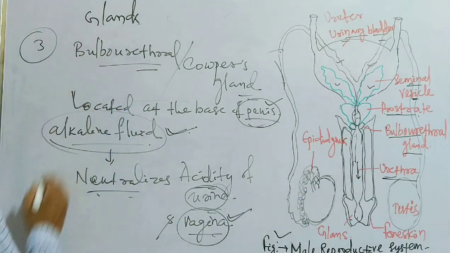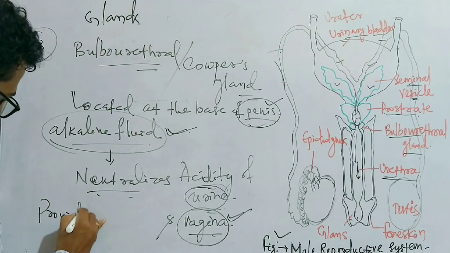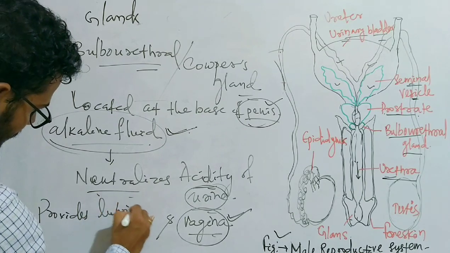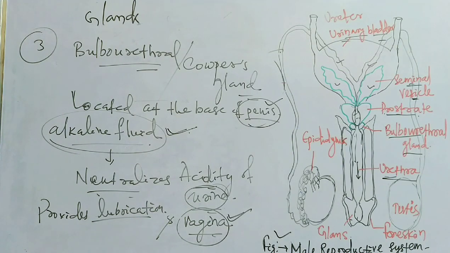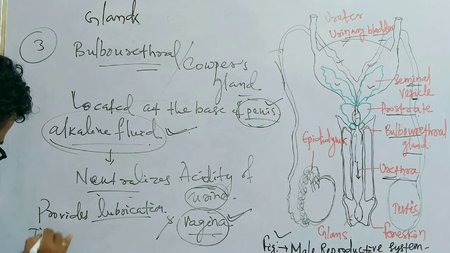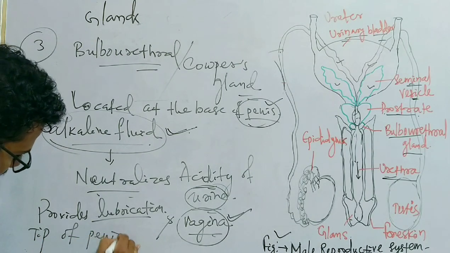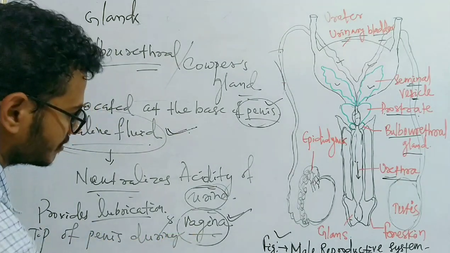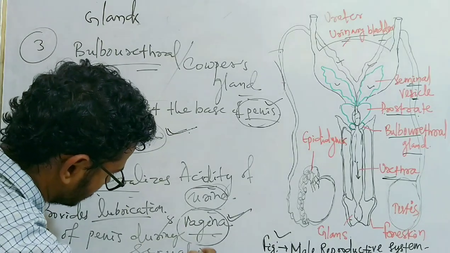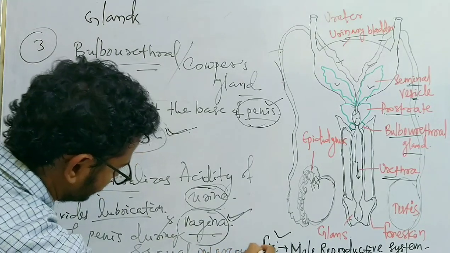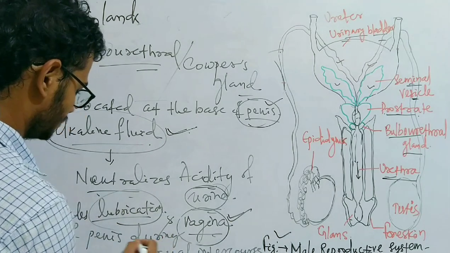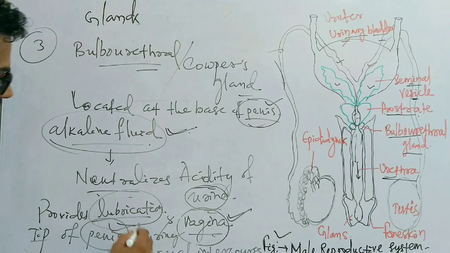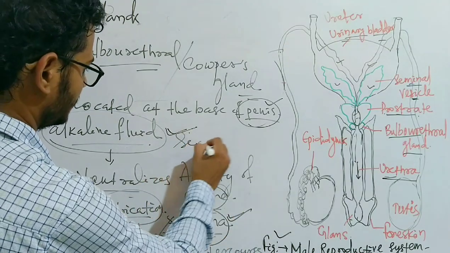Okay, so it is important because it is alkaline in nature and it neutralizes the acidity, and it also provides lubrication to the tip of the penis during sexual intercourse.